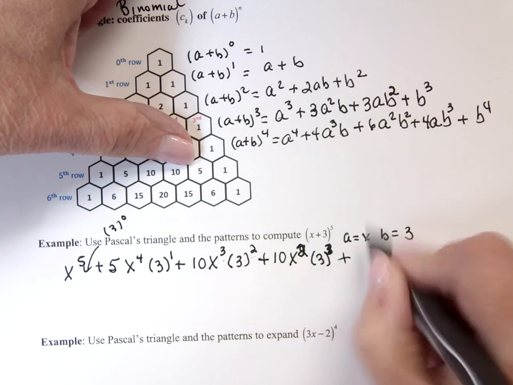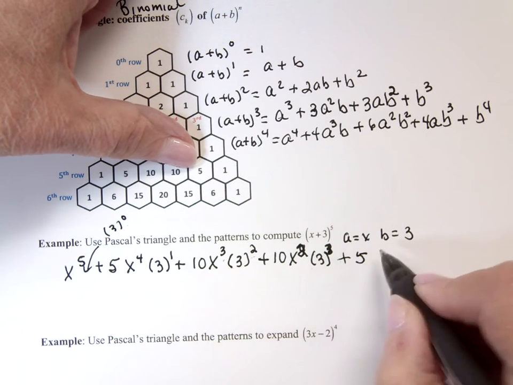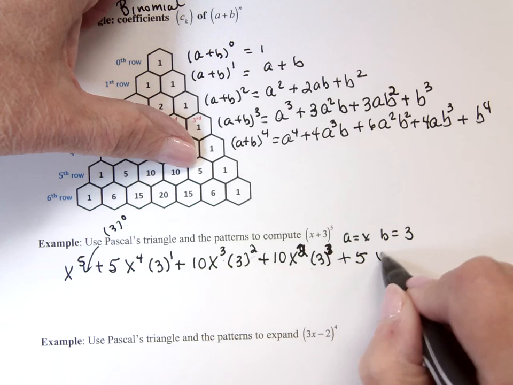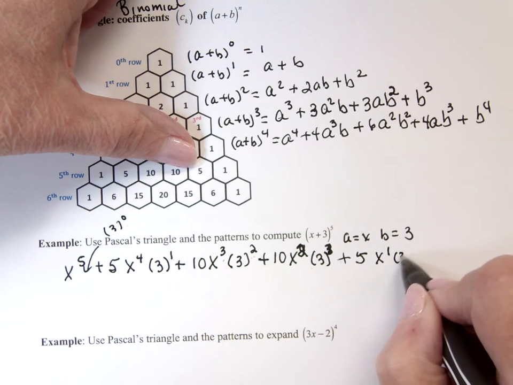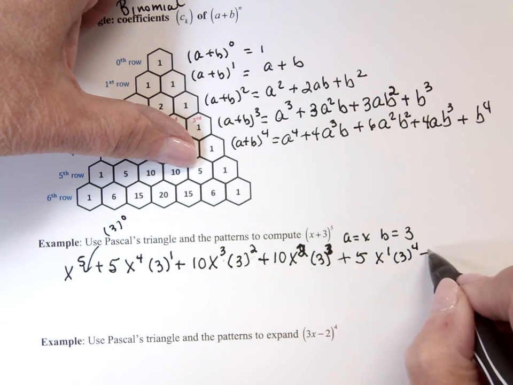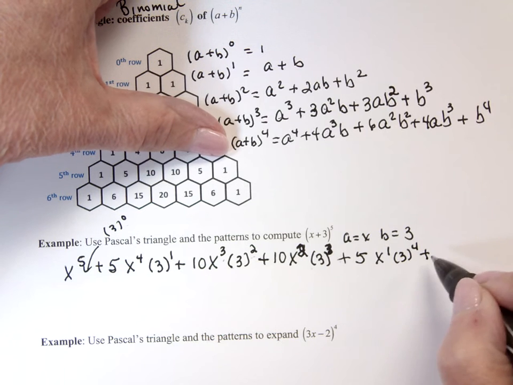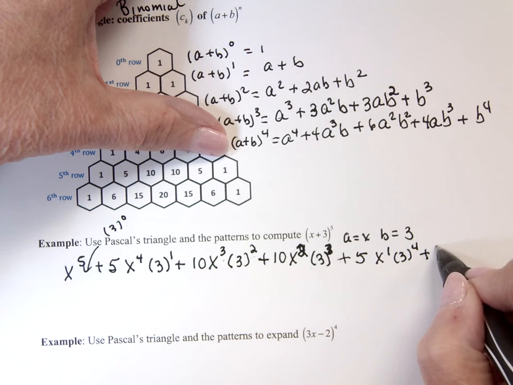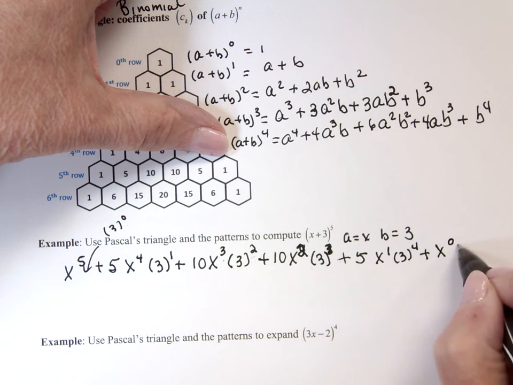Plus 5, x goes down, 3 goes up, plus 1, x goes down, 3 goes up.